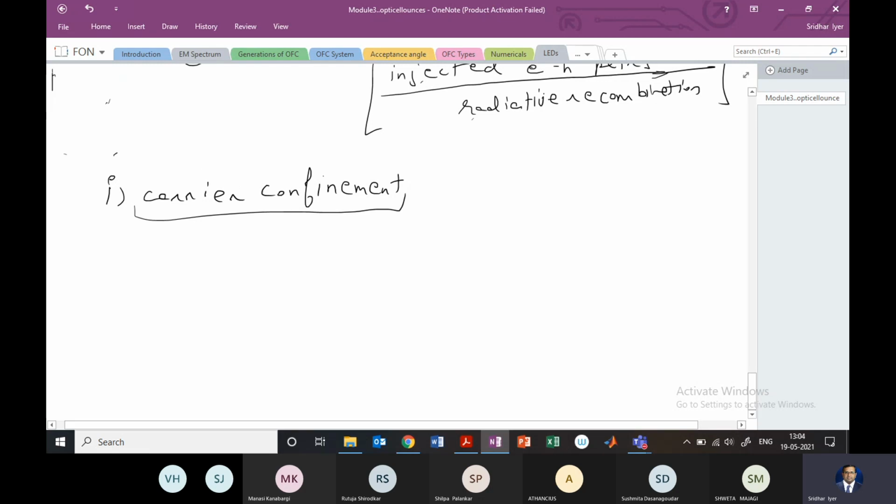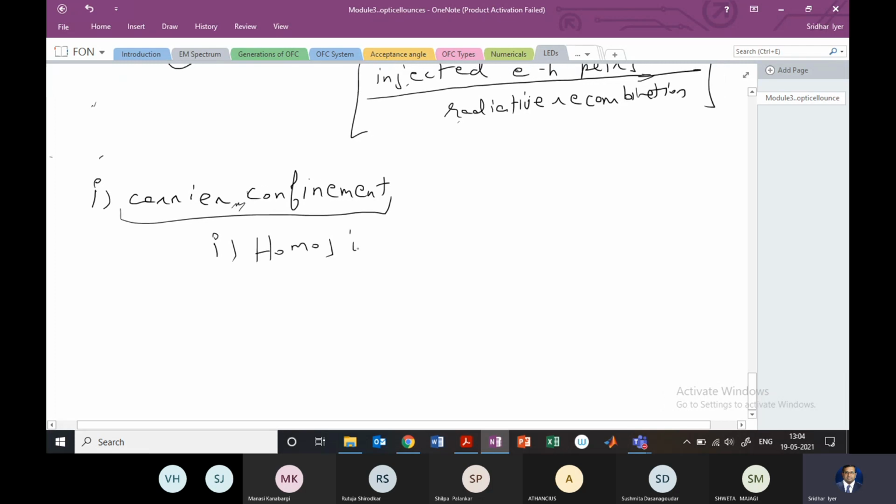One is known as homojunction, and the other one is known as double heterojunction structure.